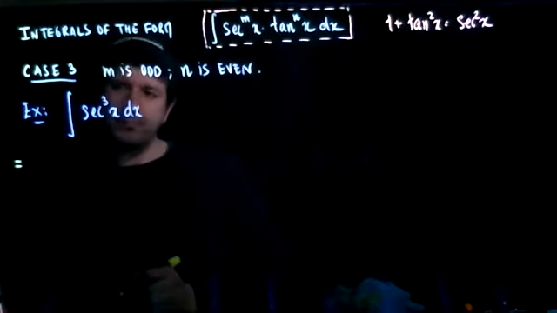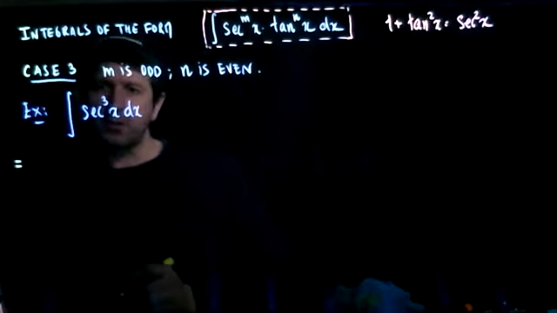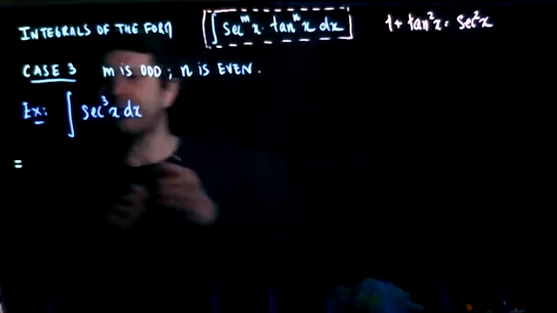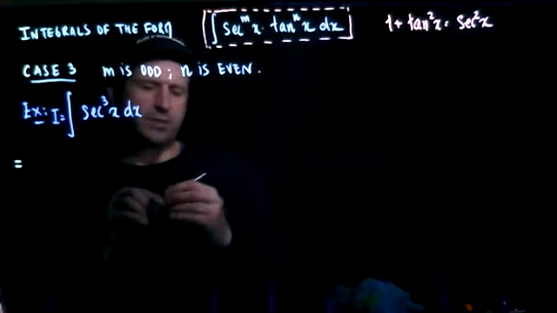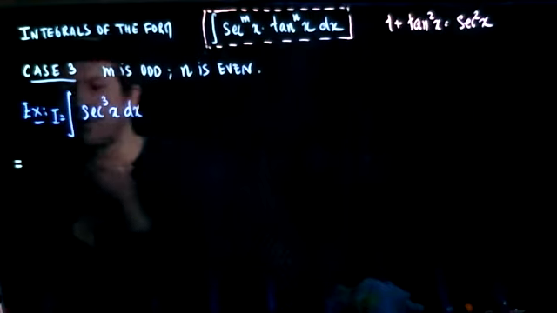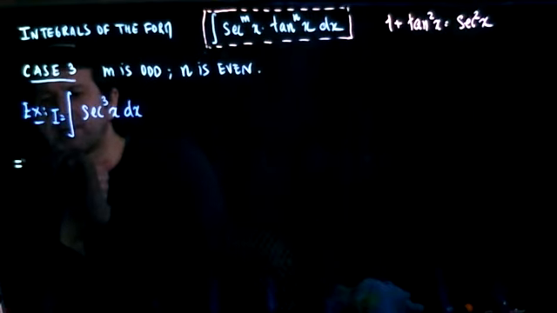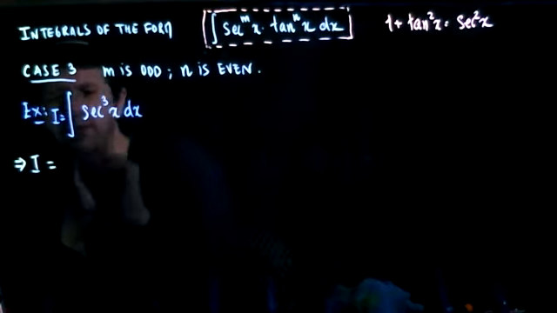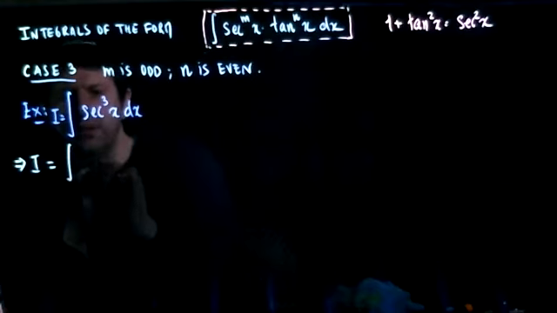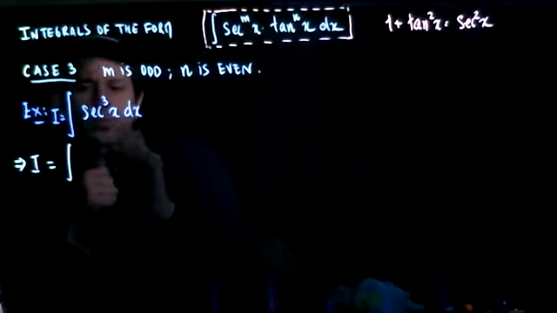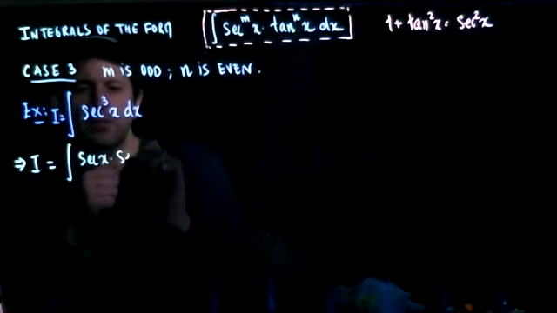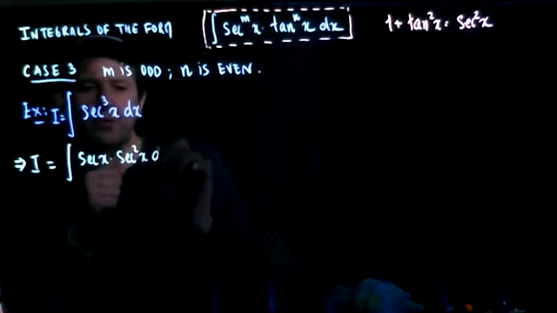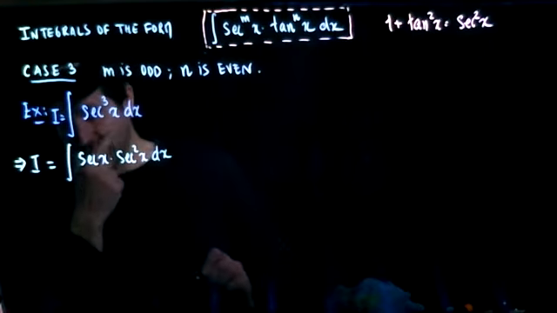So let me call this integral I. The integral I is the integral of secant cubed, which is secant times secant squared dx.